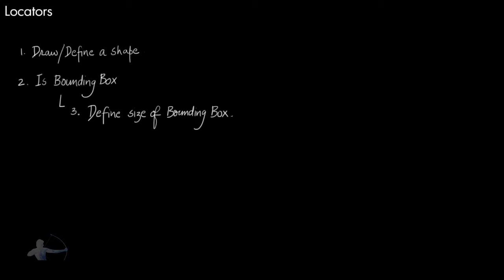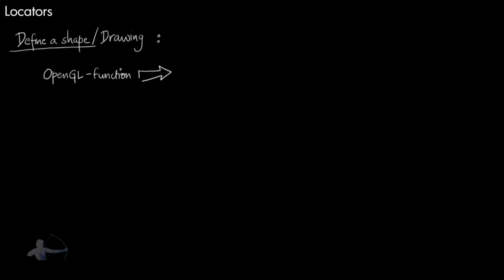After understanding these three steps, we know what to do. And now we will understand how we can do this. So the first point is to define a shape, or drawing a shape. To draw the shape of the locator, we will be using OpenGL functions. And to do so, we will use a class that provides the wrappers for the basic OpenGL API functions.